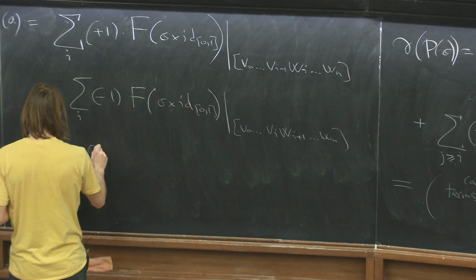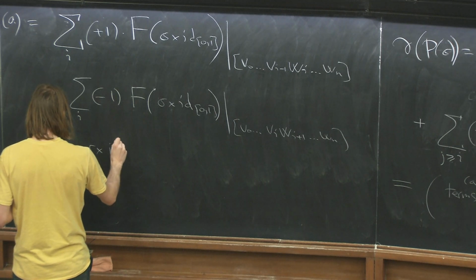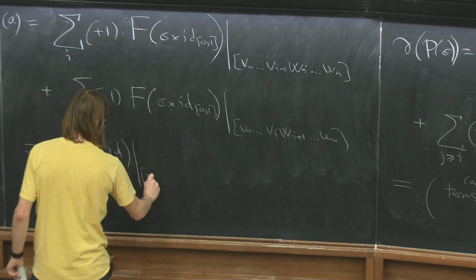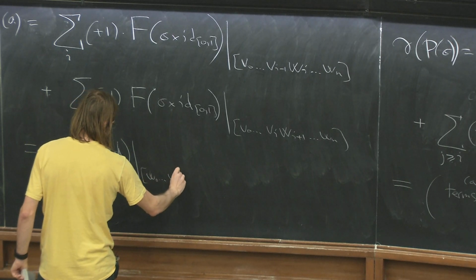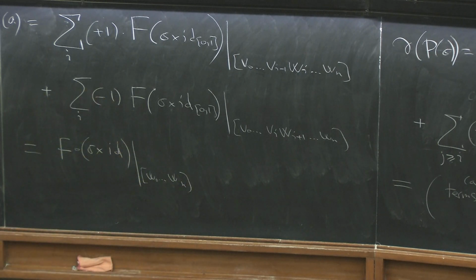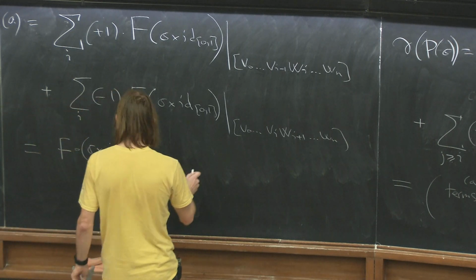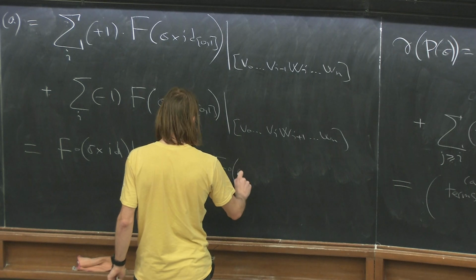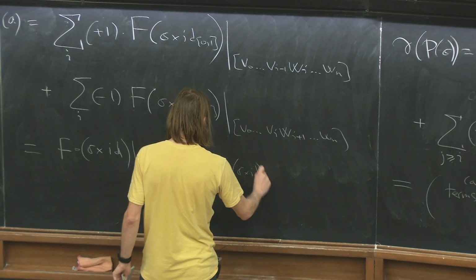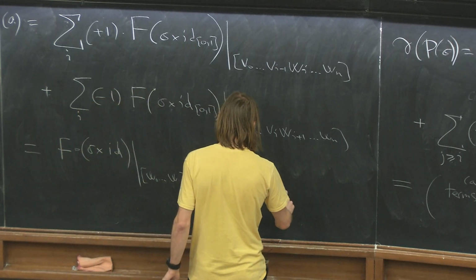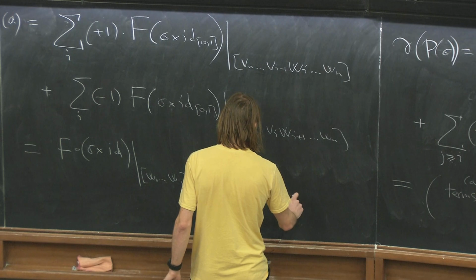So here you have a composition, this composition restricted to some subsimplex where they are all w's, minus the same thing, but restricted to the simplex where all vertices are v vertices.